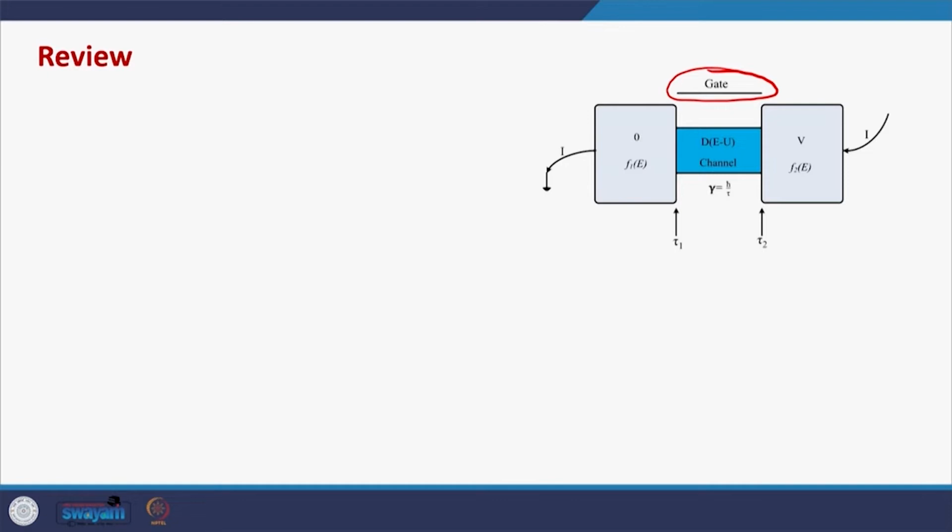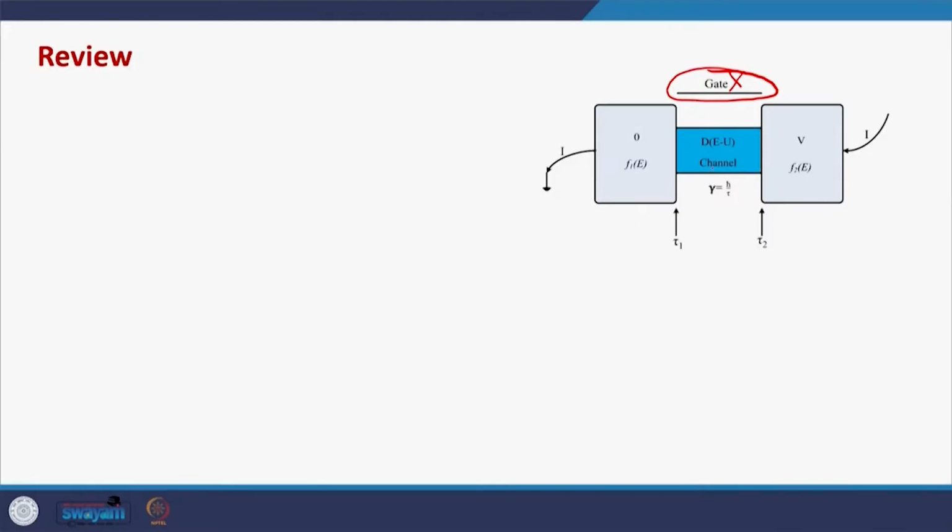we started our discussion from a two terminal device, and this third terminal at the moment we are not considering. So, please ignore the third terminal, the gate terminal at the moment, and so generally the model, which is actually quite close to the reality, is that the contacts are large and the channel is small.